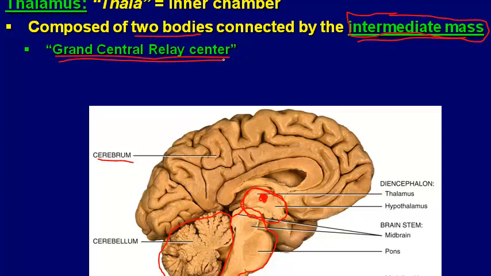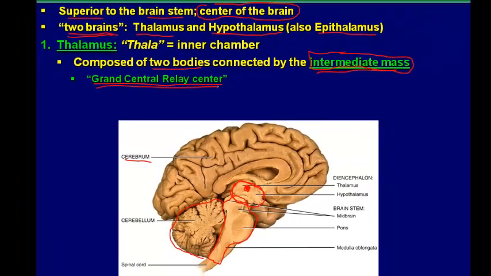Basically, what part of the brain needs to be notified that we've got this sensory input coming into the brain. So that's a good way to think of the thalamus, as a grand relay center. Most sensory information has to get to the thalamus first, and then it gets relayed to parts of the cerebrum.